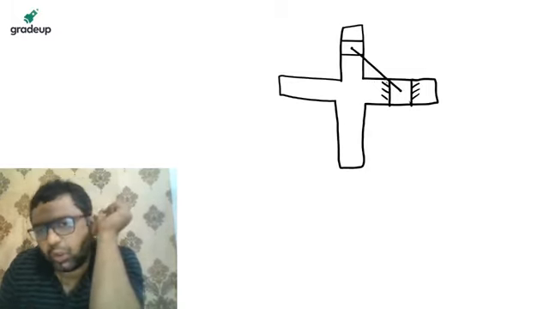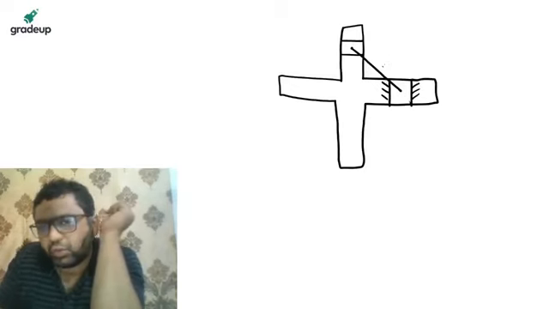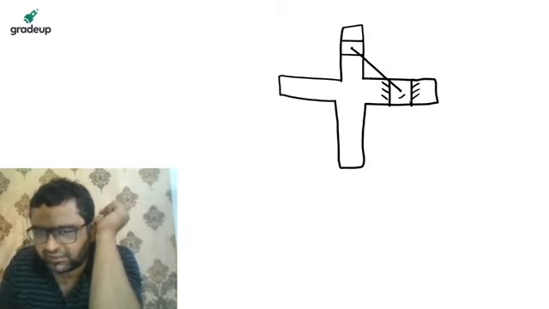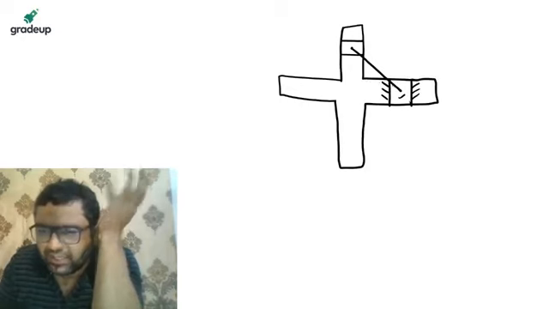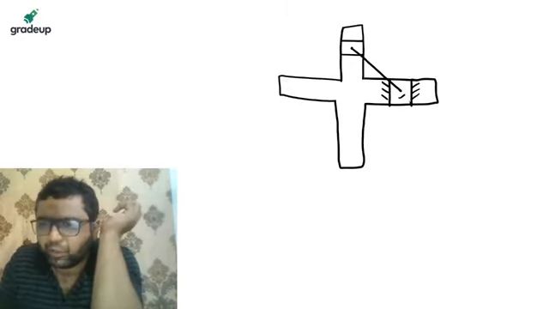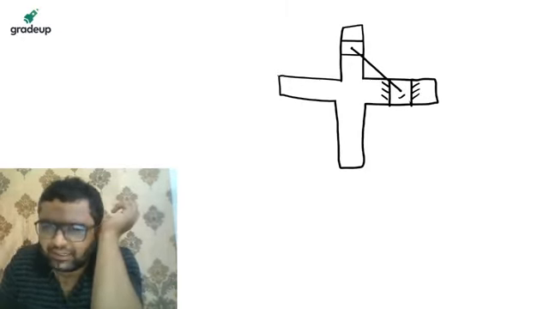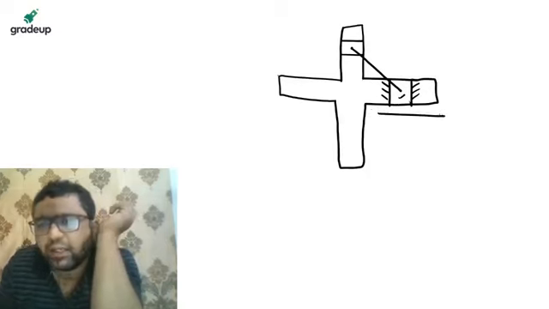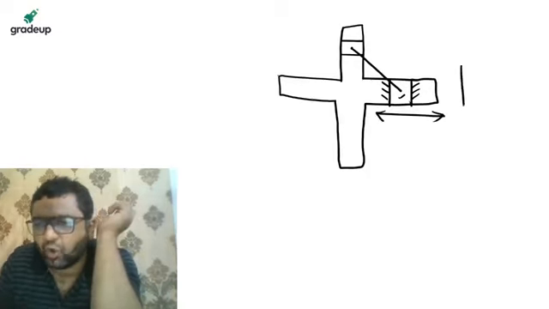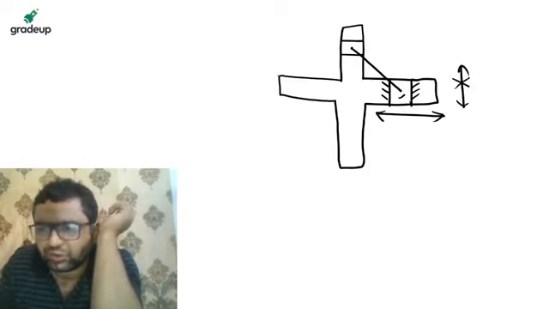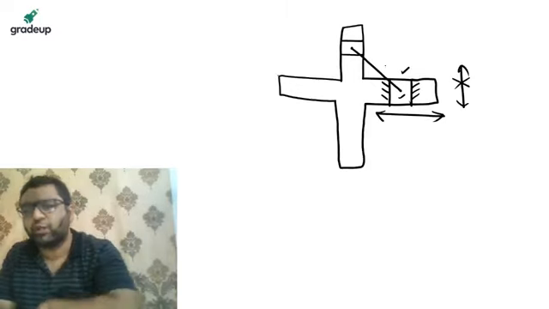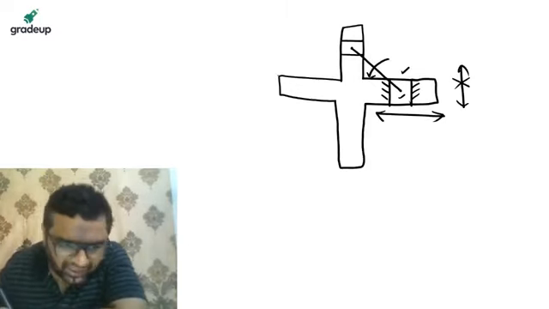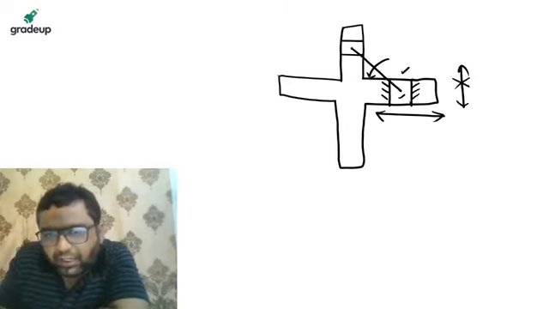Okay, so if I say that this link is fixed, obviously this link cannot move from here, and because this link is fixed, this double slider, this slotted plate, can only move in this way. It cannot move in this way. Why? Because this link is fixed here. If you rotate it, it will be rotating in this way.